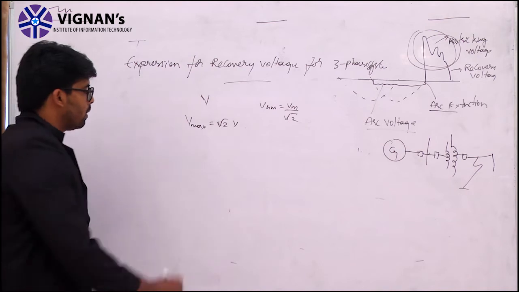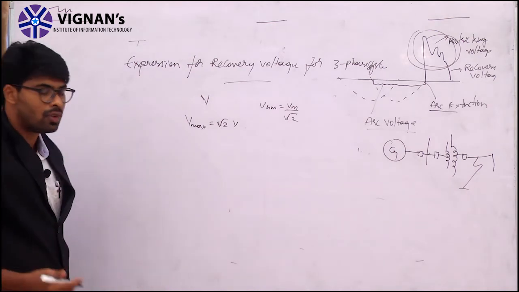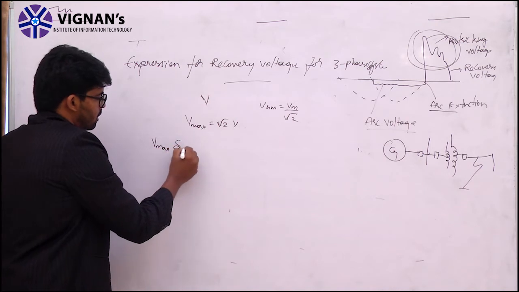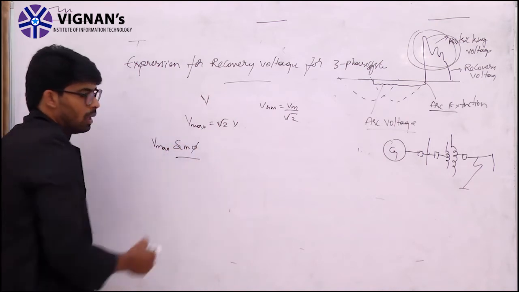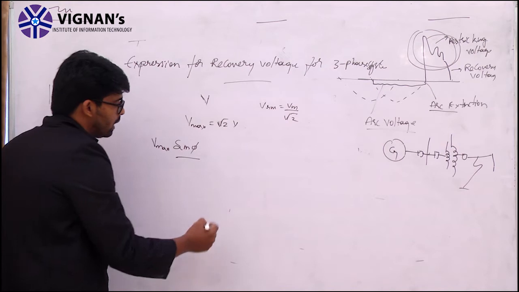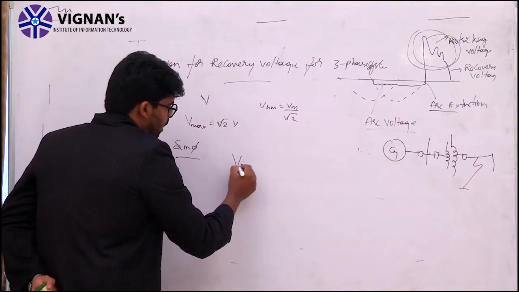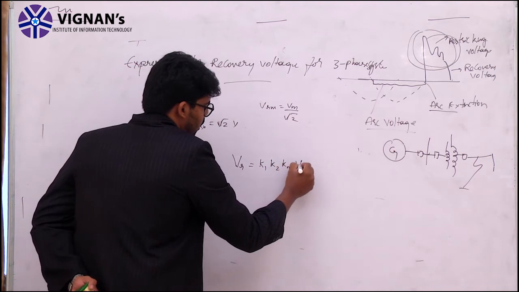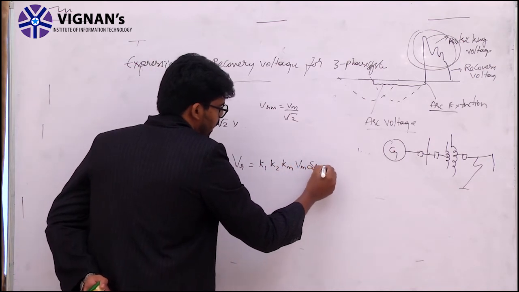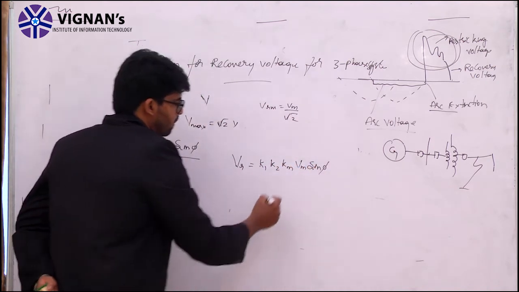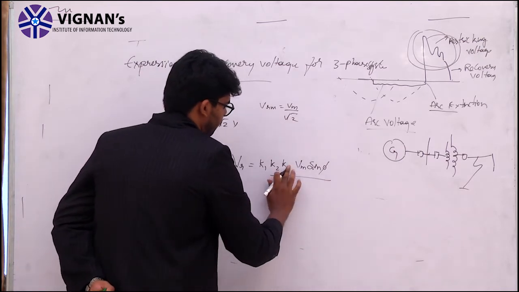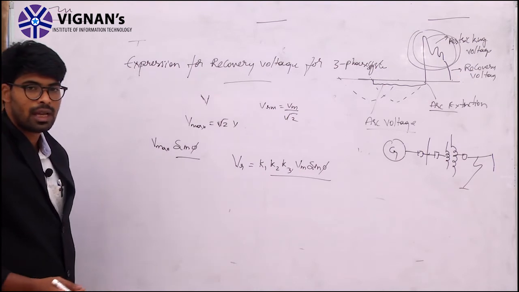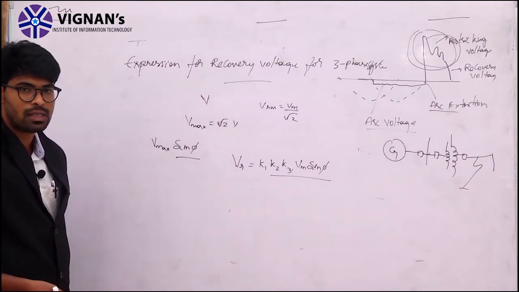Now, if you take the system voltage as V max sin phi, then the recovery voltage by default is taken as K1, K2, K3, Vm sin phi. This is the expression for recovery voltage.